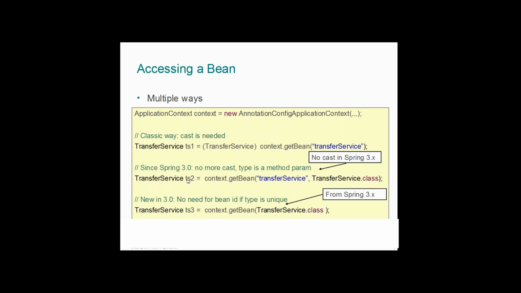Another way, if there is only one object of that type in the container, is to just pass the class type itself. As long as there is only one unique object, it will return that object. The moment it finds two instances of this class type, it will throw an exception, and you will have to fall back to one of the other ways. So there are different ways you can access this.